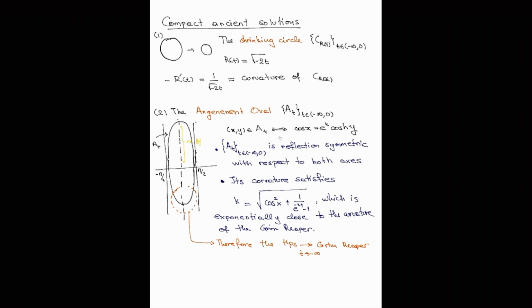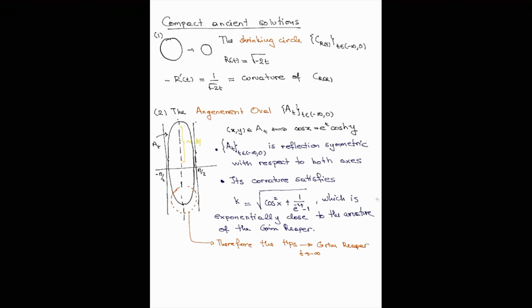If you compute the curvature, you get something very close to cosine x, so it's cosine x plus exponentially small in t as t goes to minus infinity. And remember, kappa equals cosine x is the curvature of the grim reaper. So this is why this converges to the grim reaper.